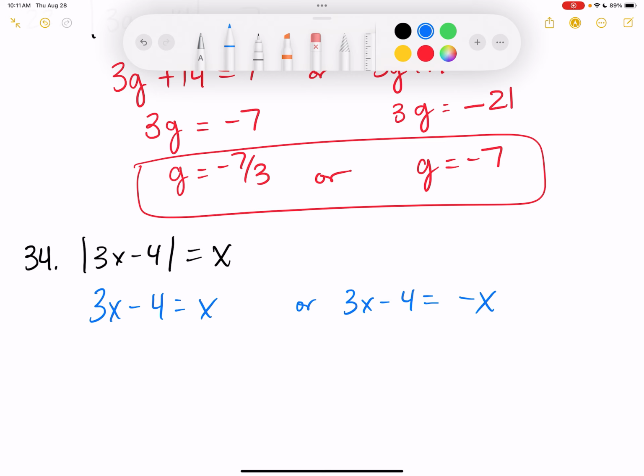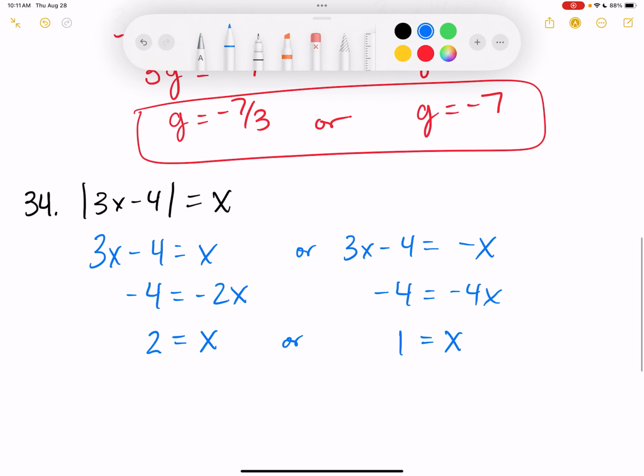And I'm going to solve. I'm going to subtract the 3x, so -4 equals -2x, divide by -2, 2 equals x. Then over here, subtract the 3x, so -4 equals -4x, divide by -4, 1 equals x.